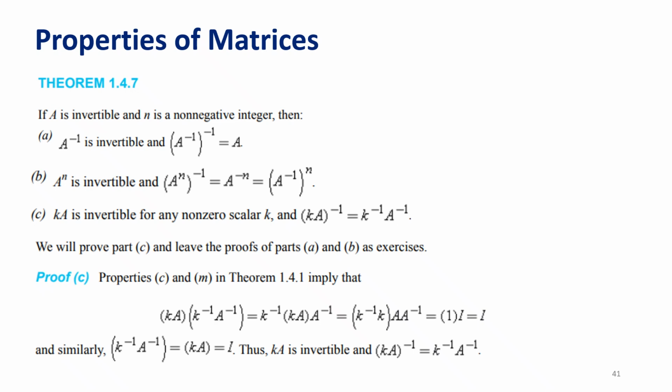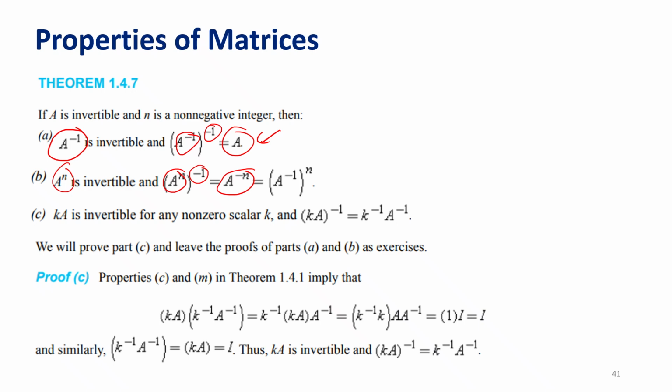Here are some properties related to the inverse and power. When A is invertible and you take the inverse of the inverse, you get back the original matrix. The second one, the power: when A is invertible, A to the power of n, inverted, gives A inverse n times.